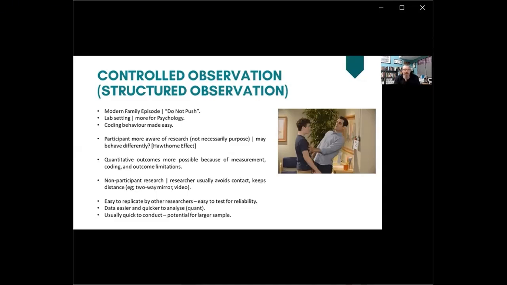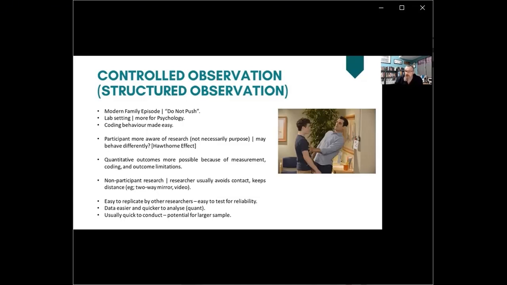The problem, though, we have is participants are more aware of the research, even if they're not necessarily fully aware of the intended purpose of it, but they are aware that research is happening, and as such, they may behave differently. Now, this is termed the Hawthorne effect, and what it looks at is, will we adjust our behavior because we know we are being watched?